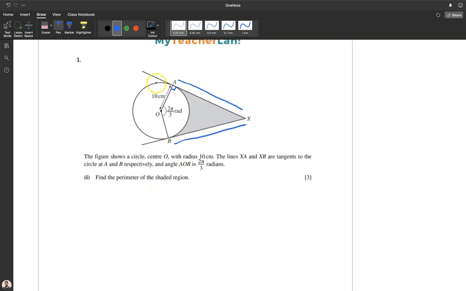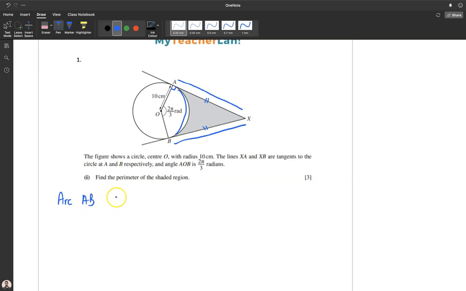Whenever you have 2 tangents intersecting at a common point, you will always get 2 equal sides. That's just the property of a circle and a tangent. One last thing we need for the perimeter is this arc, the arc AB. So let's start with the arc AB.